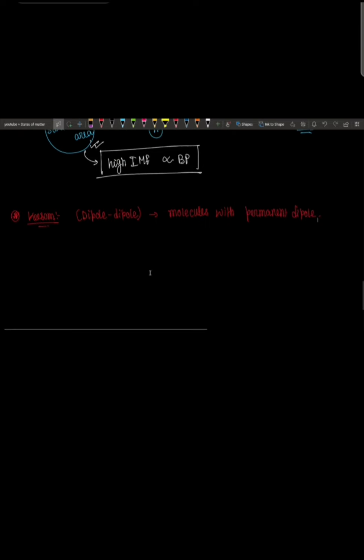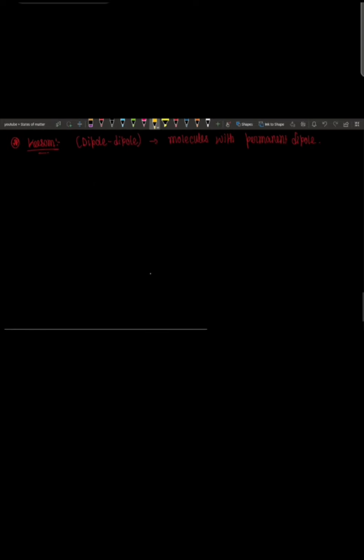Now, what are the examples for that? Let's say I have an HCl molecule. HCl has a permanent dipole. The electronegativity of Cl is more than the electronegativity of hydrogen.